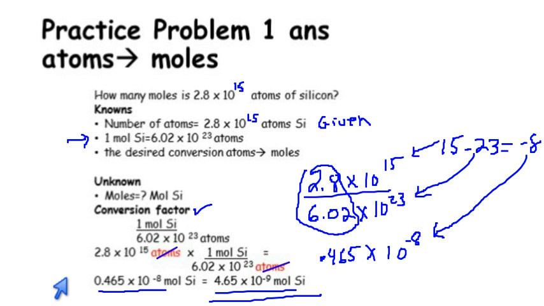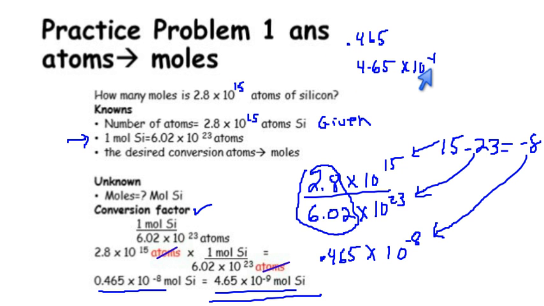Again, let's just take this 0.465, and if we want that 4.65, that's times 10 to the minus 1. We put a negative number when these are less than 1.